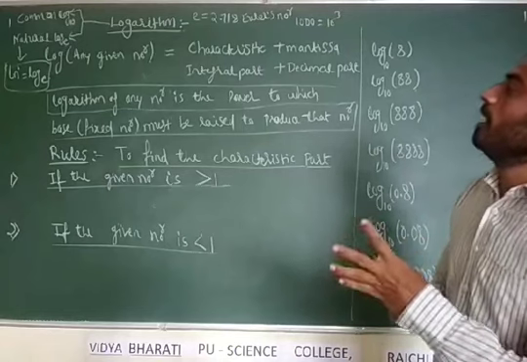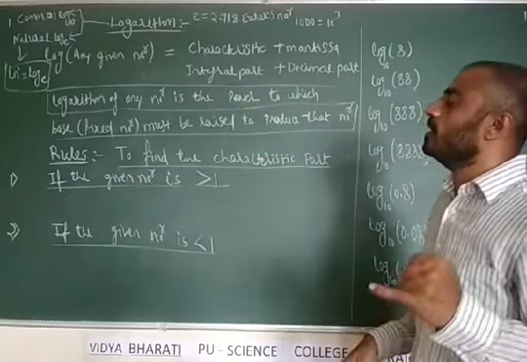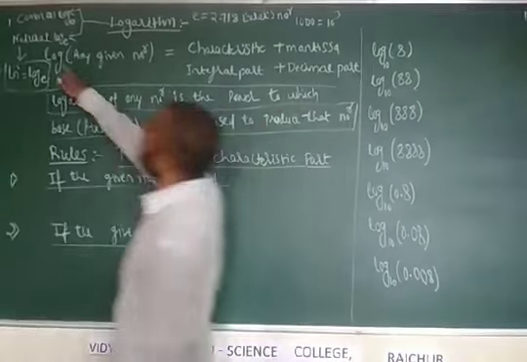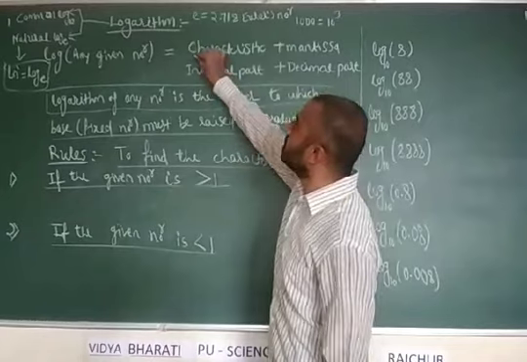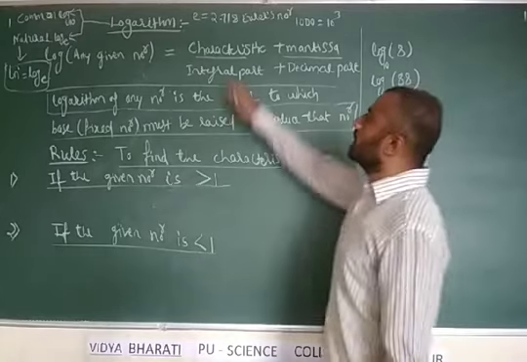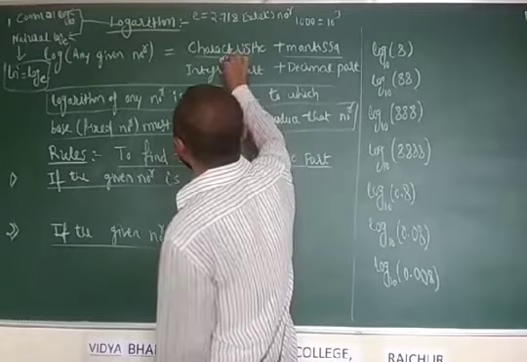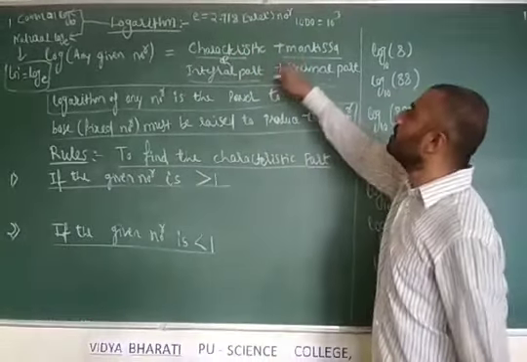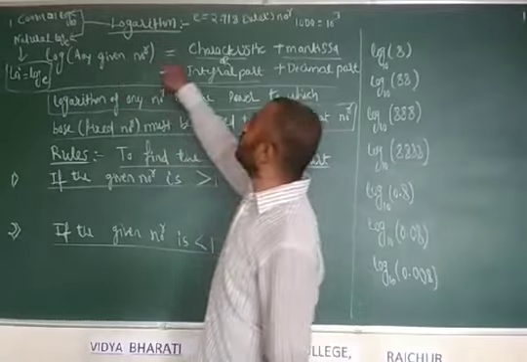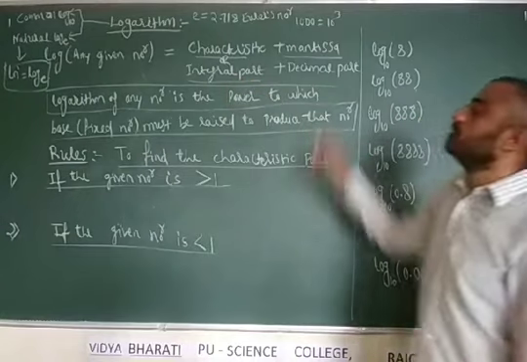And the logarithm of any given number consists of two parts: the characteristic or integral part, and the mantissa or decimal part.